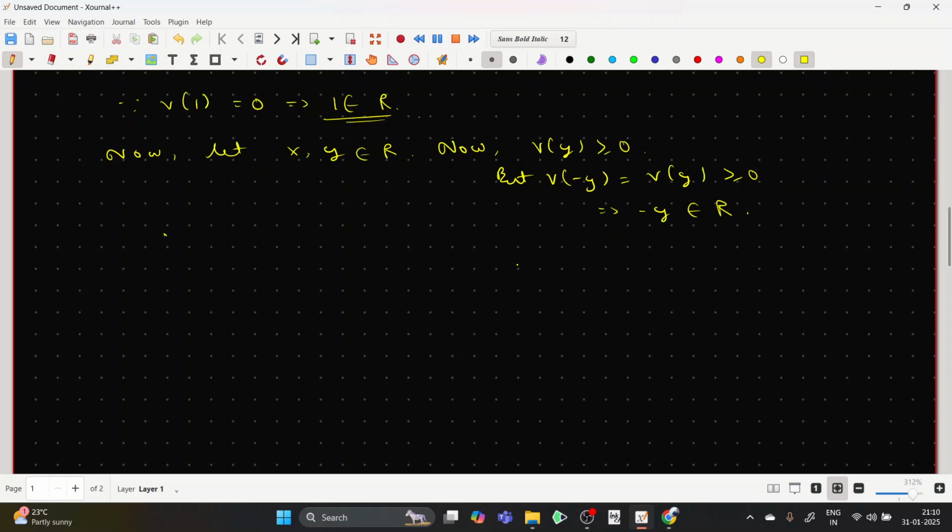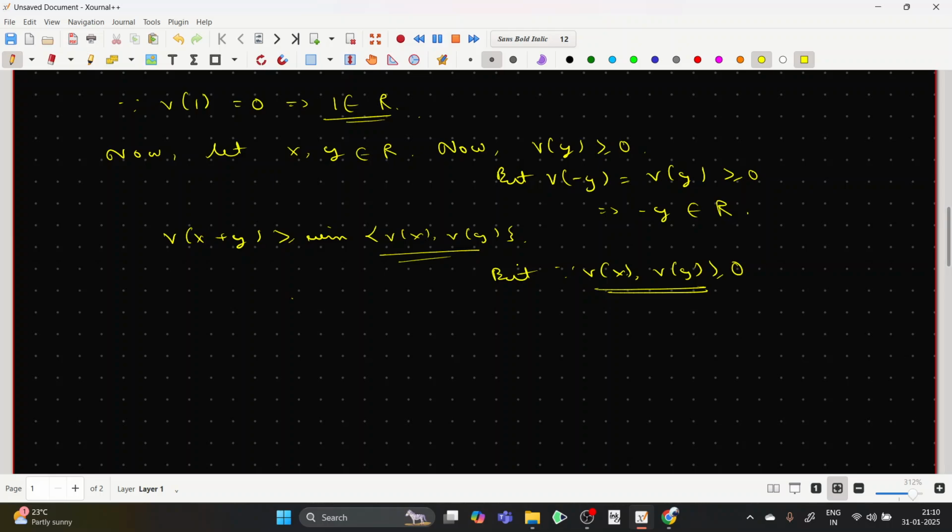Now what is the valuation of x plus y? We were given that the valuation of x plus y is greater than or equal to the minimum of v of x and v of y. But since v of x and v of y are both greater than or equal to 0, their minimum must also be greater than or equal to 0.